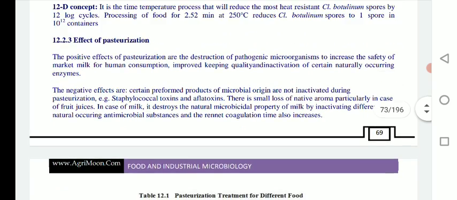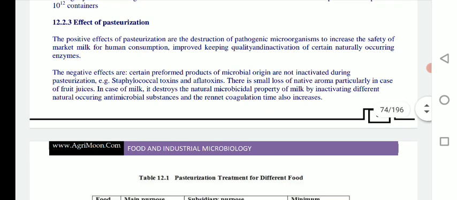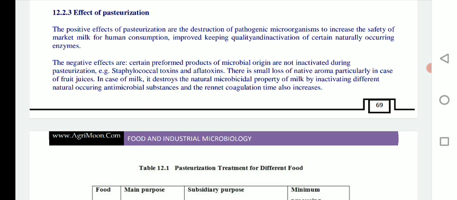Okay. Then what is the effect of pasteurization? The positive effects of pasteurization are destruction of pathogenic microorganisms to increase the safety of market milk for human consumption. Basically this technique of pasteurization is applied to milk as well as other milk related products, as we have studied in milk microbiology. It also gives improved keeping quality and inactivation of certain naturally occurring enzymes.